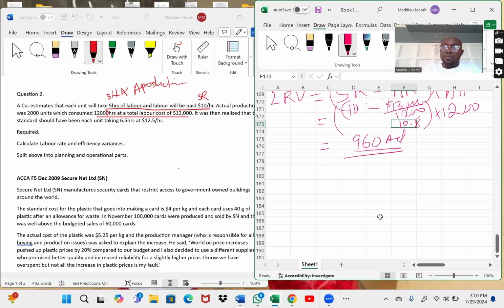Now we'll move to labor efficiency variance. For efficiency, look at hours worked. So compare our standard hour minus actual hours multiplied by standard rate. What's our standard hour? We're told the standard hour is 5 hours.